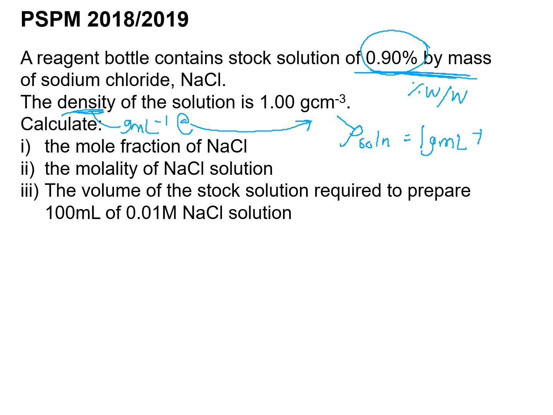Okay, so now the question asks you to find the mole fraction of NaCl. Okay, mole fraction of NaCl basically X NaCl lah. Dia nak suruh kamu cari molality of NaCl solution, and also the volume of the stock solution required to prepare 100 ml of 0.01 molar of NaCl solution.